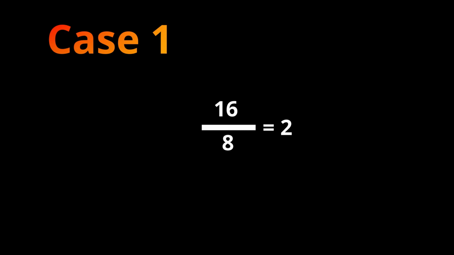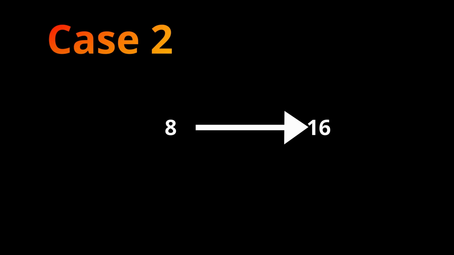This number denotes how much faster the output gear spins compared to the input gear. But in the second case, a gear with 8 teeth drives a gear with 16 teeth. The ratio of these gears gives us a value 0.5. This denotes that every time the input gear spins once, that is 360 degrees, the output gear spins only half a rotation, that is 180 degrees.